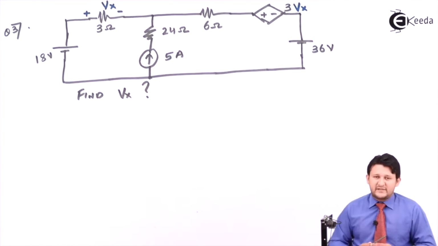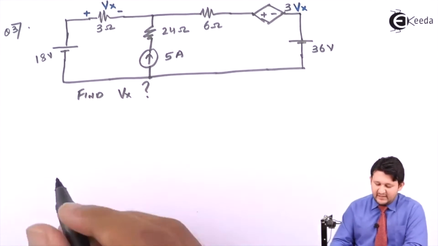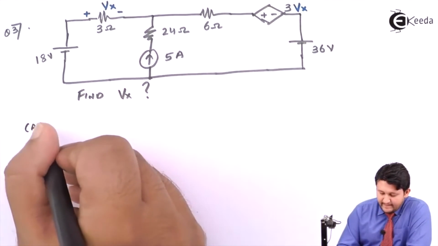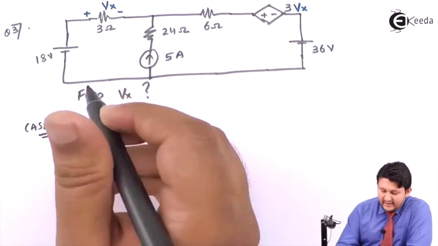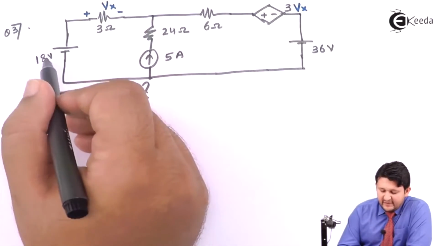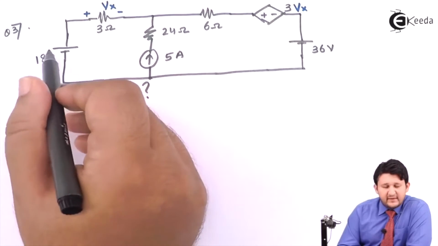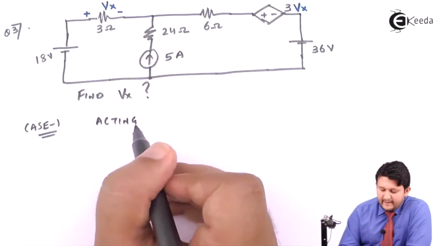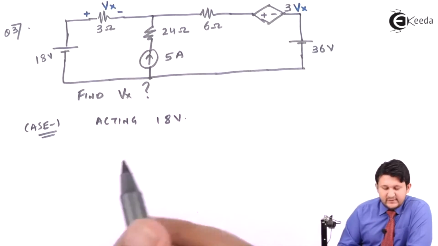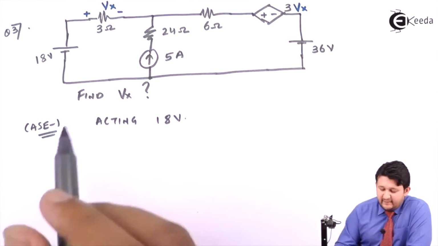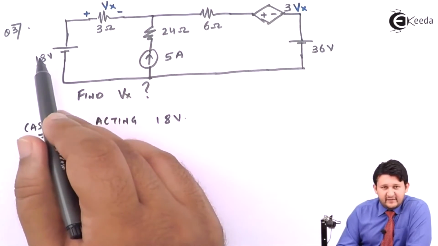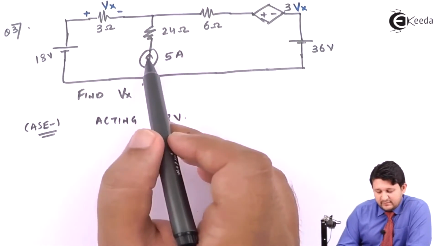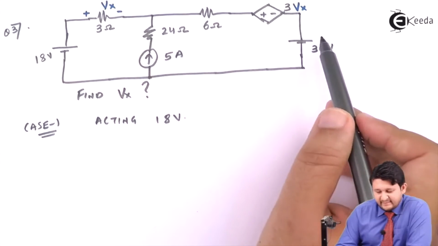So let's start with each and every case. In case 1, it is given we will be doing with 18 volts. So we'll be writing acting 18 volts. When I'm using 18 volts, my dear friend, I need to remove the other sources as well.